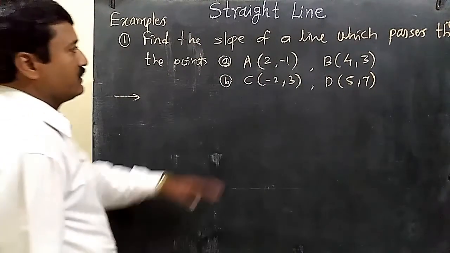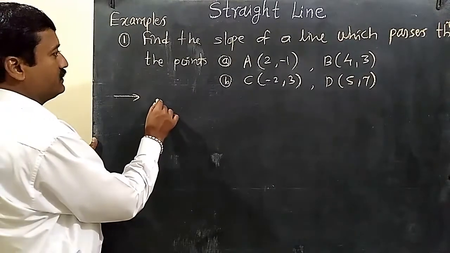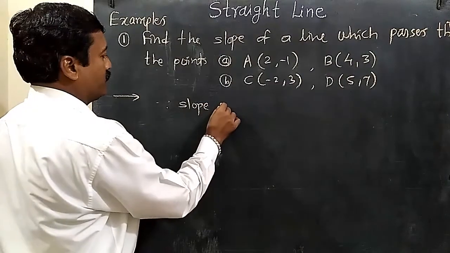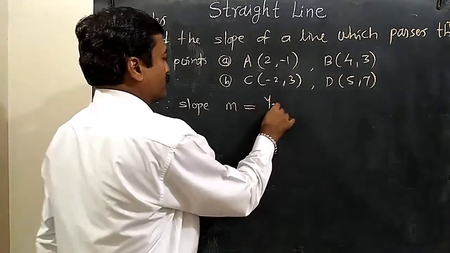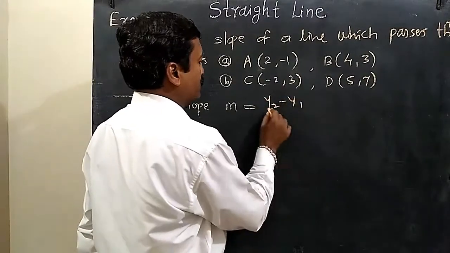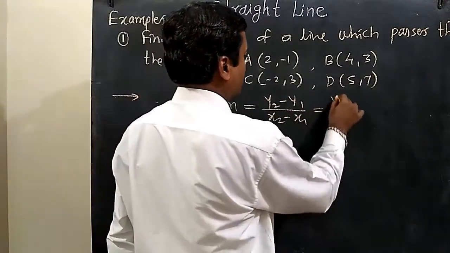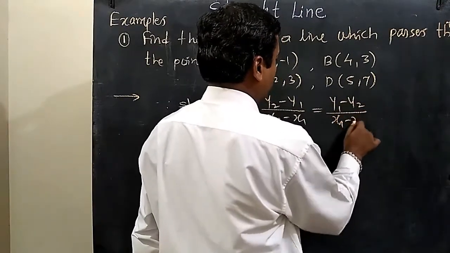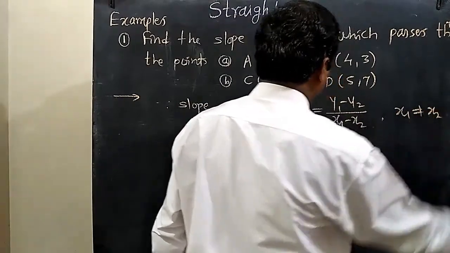We know the formula for slope. Slope m is equal to (y2 minus y1) upon (x2 minus x1), or (y1 minus y2) upon (x1 minus x2), under the condition that x1 is not equal to x2.